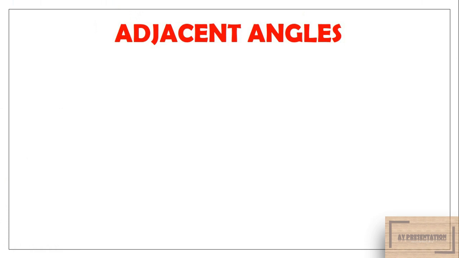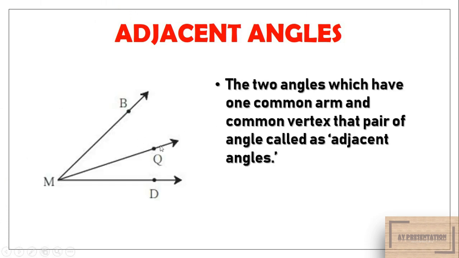The next point is adjacent angles. Adjacent angles means two angles which have one common arm and a common vertex; that pair of angles is called adjacent angles. Student, observe the figure. Here angle BMD is bisected by the ray MQ. Then this angle is divided into two parts, angle BMQ and angle QMD.